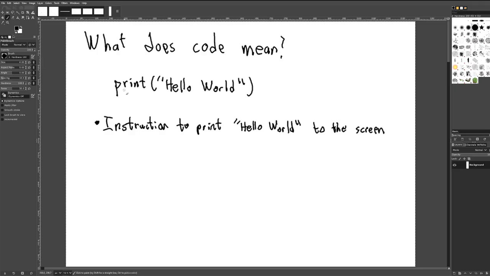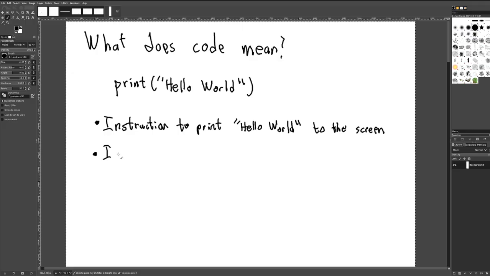Another thing, if this is a different language, it could be an instruction to generate some binary code that prints hello world. Some languages are interpreted, so you just run them and the code executes. Other programs are compiled, and in that case the program doesn't run when you invoke it.